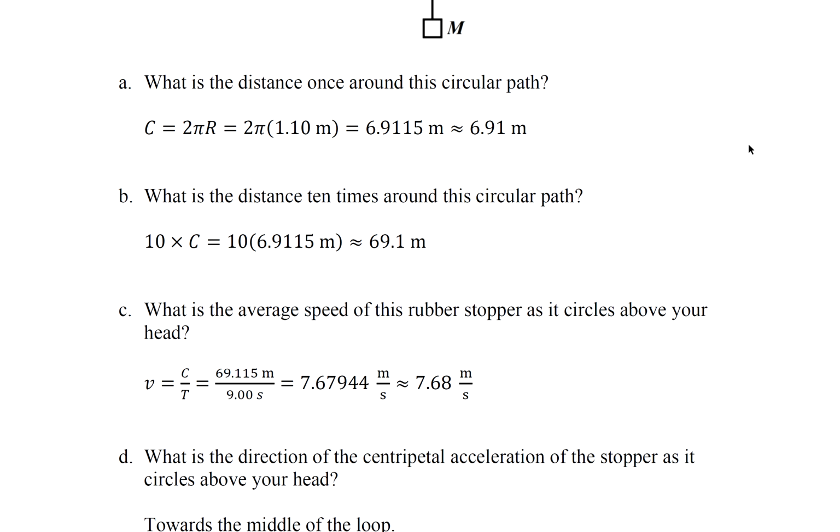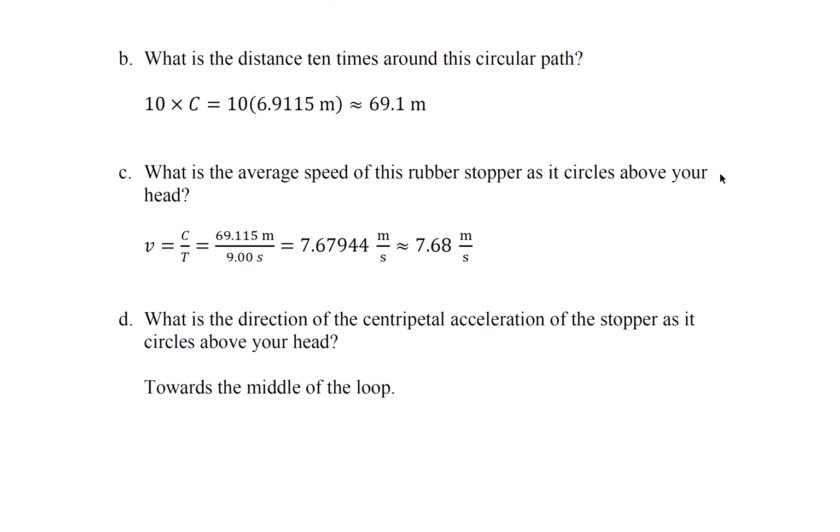What is the average speed of this rubber stopper as it circles above your head? Average speed is total distance over total time. Part D, what is the direction of the centripetal acceleration of the stopper as it circles above your head? In circular motion, there's always a sigma F and acceleration towards the middle of the circle.